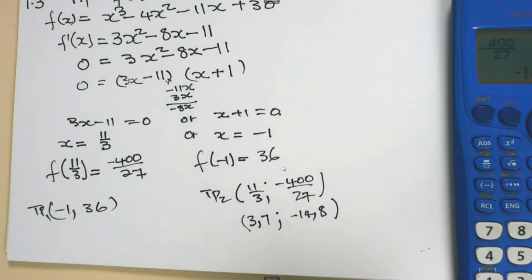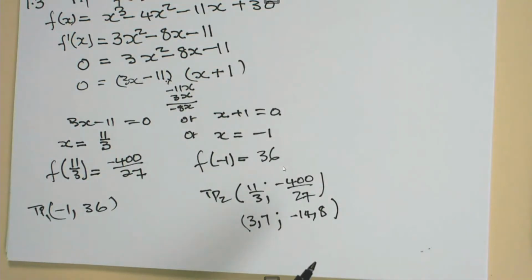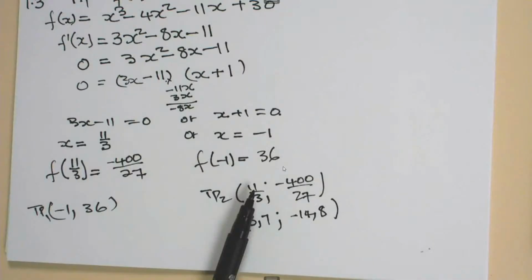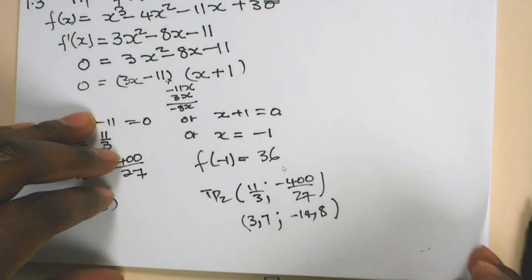Now with this information, we need to plot our graph. 1.4, it says that now you need to draw a neat sketch of f, clearly showing all the intercepts and the stationary points. All right, now let's see if we can put this information on the graph.